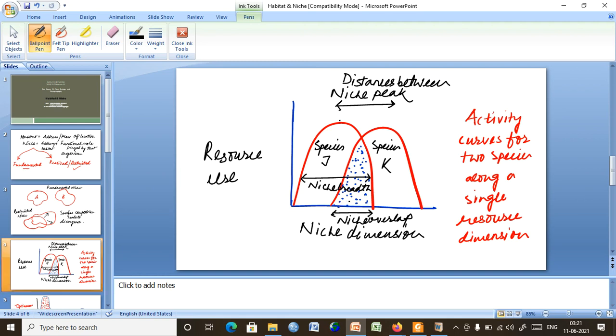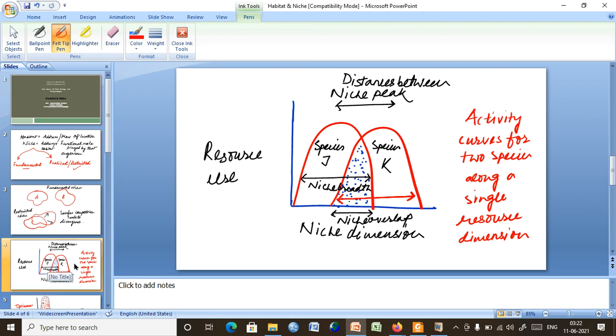And this is the distance between the two peaks, one of species J and one of species K. This is the niche breadth of species J. And if we want to consider the niche breadth for species K, then we have to consider this portion. So these are the activity curves for two species along a single resource dimension, showing how they are interacting.